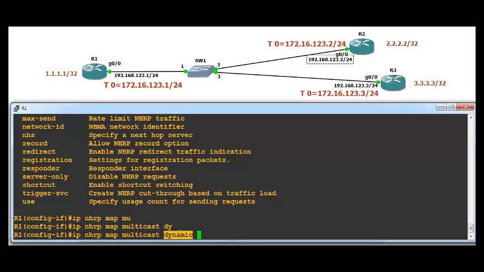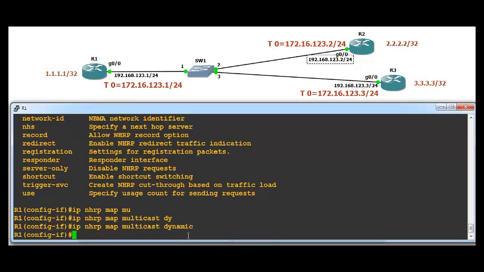When such multicast traffic comes, the source IP address from where the multicast is coming will be dynamically learnt and added to the next hop resolution protocol mapping table. So this is used only when you have dynamic routing protocols like OSPF, EIGRP and so on.